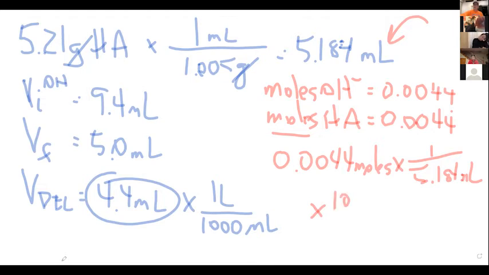Times 1,000 mils is 1 liter. So now I get rid of my milliliters and I'm left with moles on top, liters on the bottom. That is what I want.